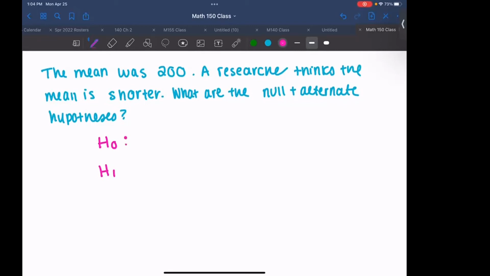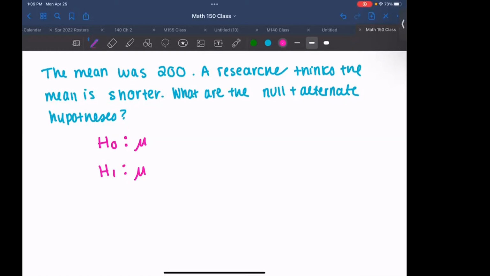And we usually put colons after them, like, here's the null hypothesis, here's the alternate hypothesis. Now, what is the symbol that's used in these? The Greek letter. Mu, good. We're always talking about the mean. And the null hypothesis always has a certain symbol: either equals, less than, greater than, or not equal to. Which one is it?